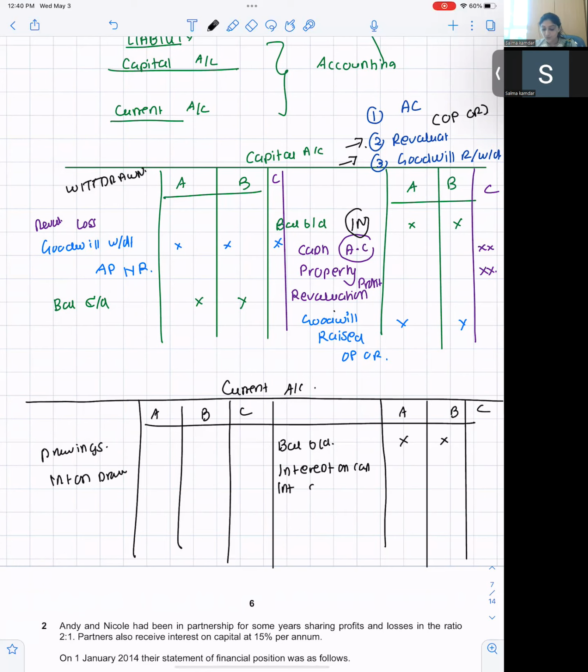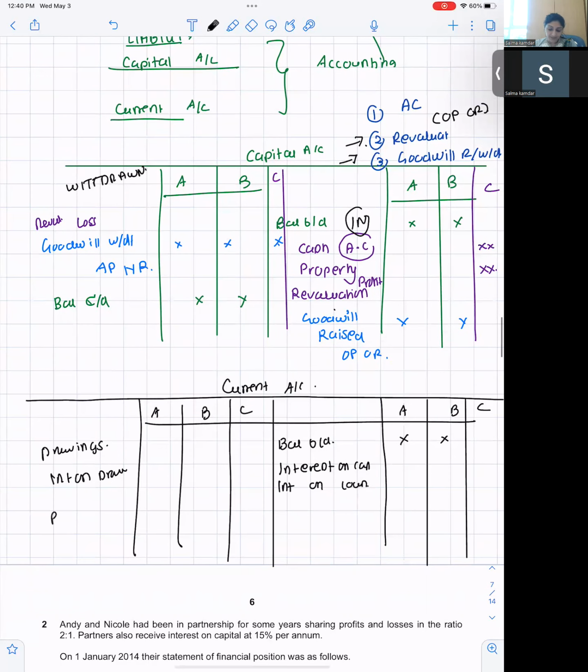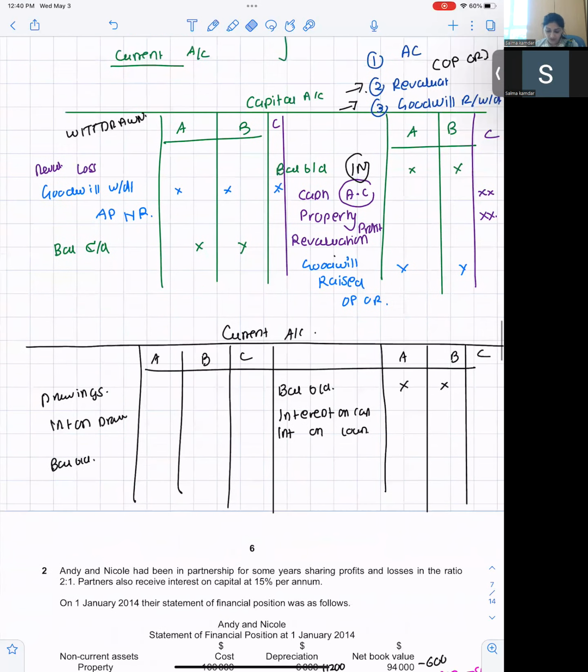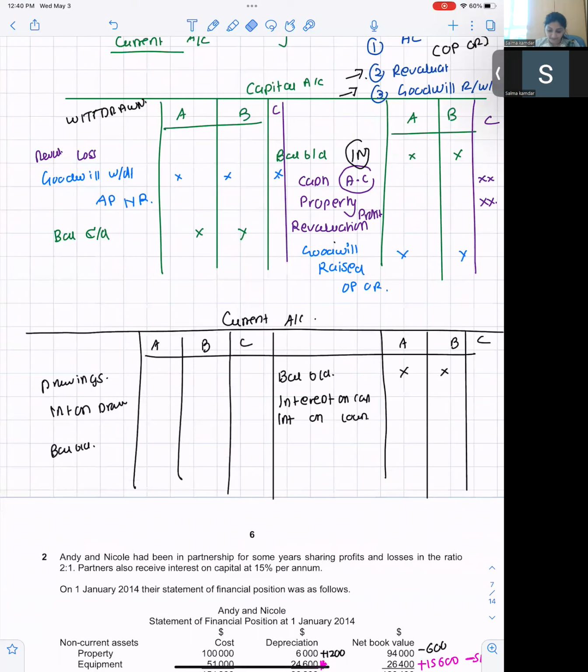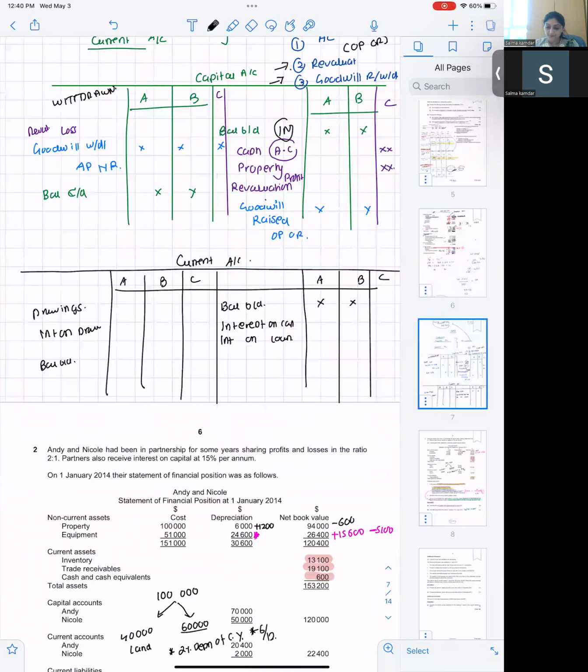Interest on loan would come in the current account. Then the closing balance will come in the current account. So all these things would come in the current account. So with a fixed capital method, two separate accounts of partners are maintained. But when I have a fluctuating capital method, everything is kept in the same account.